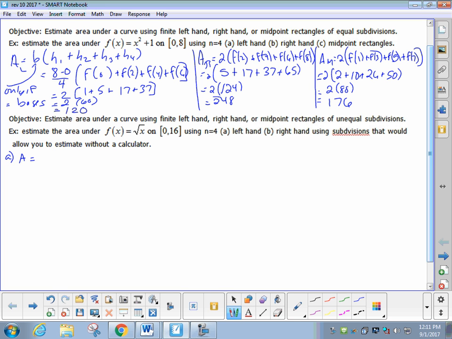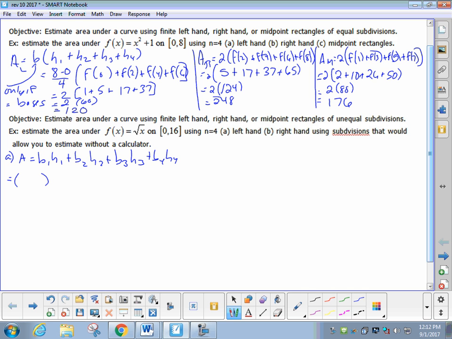If I were in your shoes, I'd probably be drawing this because I am visual, but I've done this so many times I'm not. 0 to 16 is not going to be broken up into equal subdivisions because I don't know the square root of 8 nor 12 very well. So it would be logical to break it up into 1, 4, and 9. That said, we cannot factor out a common base, so it's more like base 1, height 1, plus base 2, height 2, plus base 3, height 3, plus base 4, height 4.